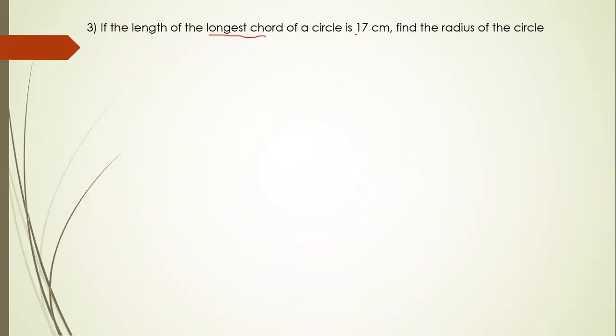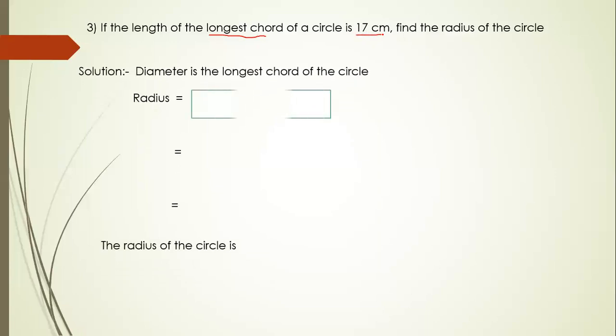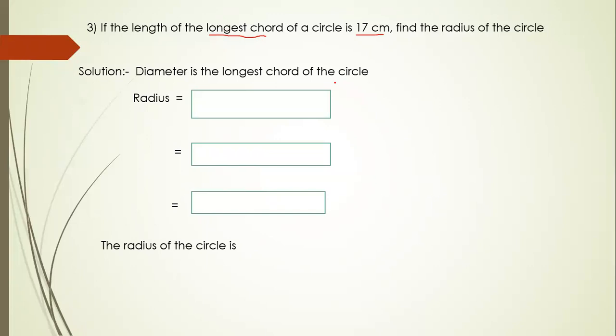They have given the diameter as 17 centimeter and we need to find the radius of the circle. Right? You can see also it is written that diameter is the longest chord of the circle. This is an important statement so that we can understand actually what we need to find.